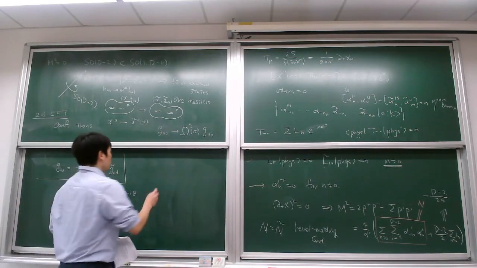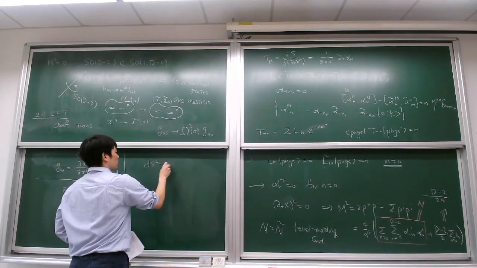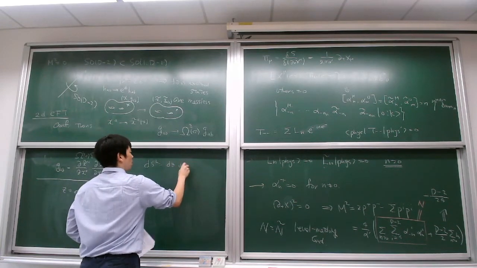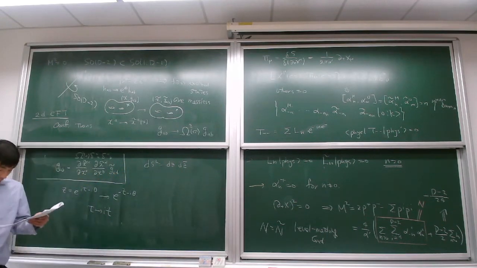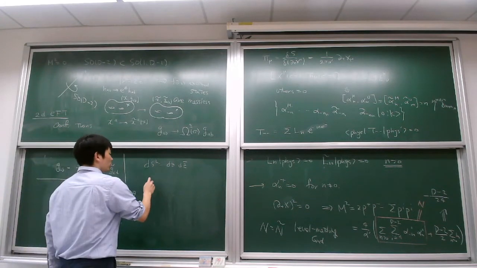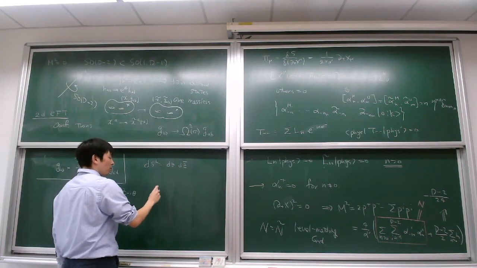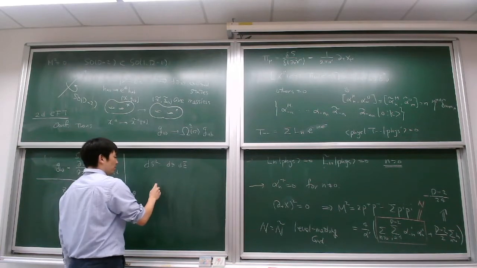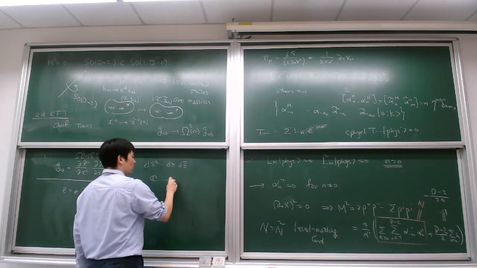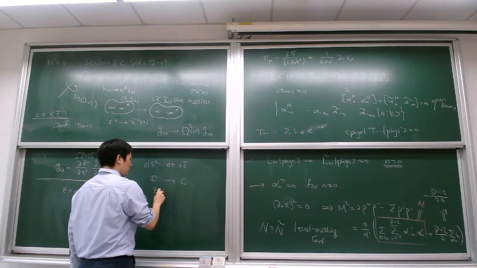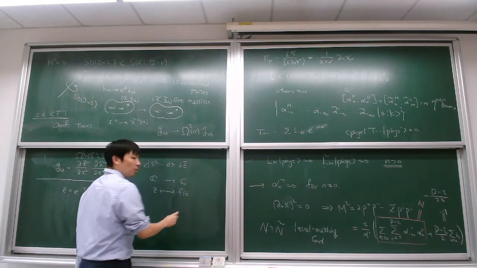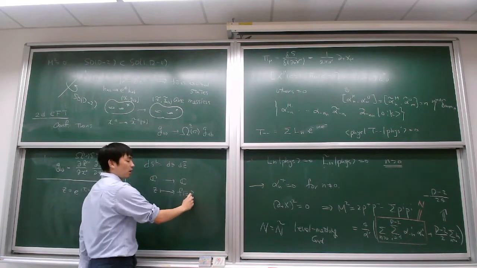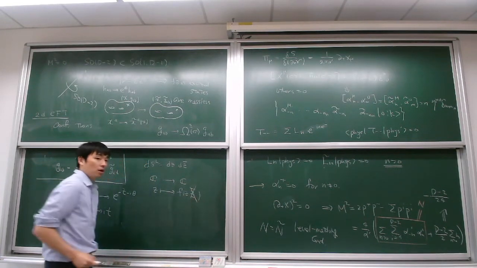Then the metric can be written as dz dz bar. And then the transformation is holomorphic. If you have a holomorphic transformation from the complex plane to the complex plane, the map is some holomorphic function, meaning it doesn't involve z bar.